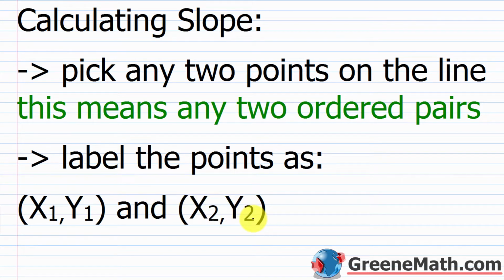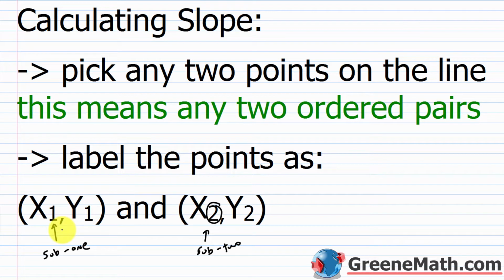I'm introducing some new notation, so I want to clarify. This 1 that's sitting next to the x is read as sub 1. This 2 that's sitting next to the x is read as sub 2. This is a way for us to notate that we have two different x values that we're thinking about without actually changing variables.